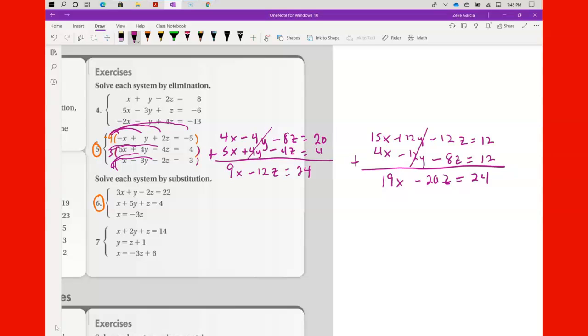Okay, so we have 12 and 20 that we have to think about, but I want to double check that I did everything correct. So we have negative 4 times negative x gives you 4x, negative 4y, negative 8z, positive 25x plus... yeah, okay.